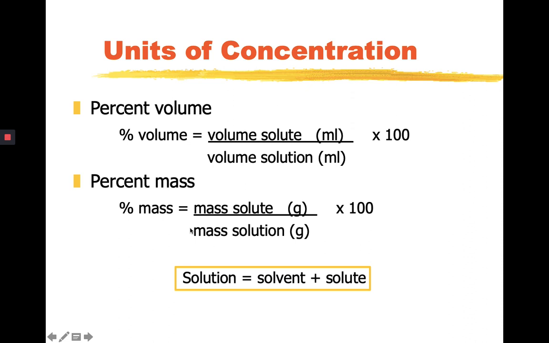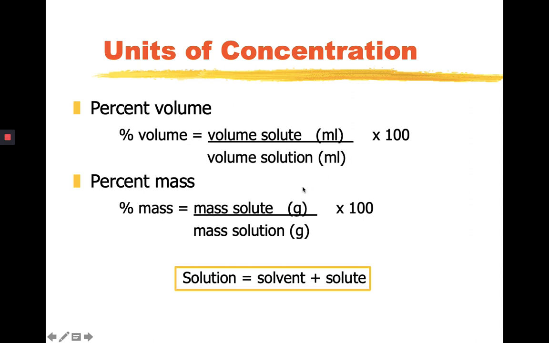For example, if it's the mass, then you consider the mass of the solution. So here we have percent volume, which is equal to the volume of the solute, for example in mL or in liters, over the volume of the solution, which is also in mL or liters. Just make sure that we can cancel both units, and then times 100.